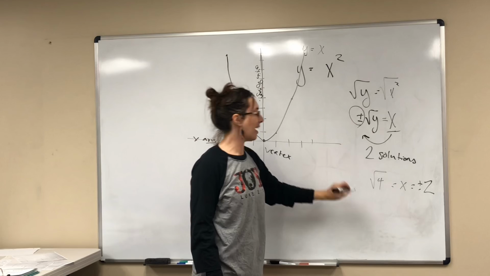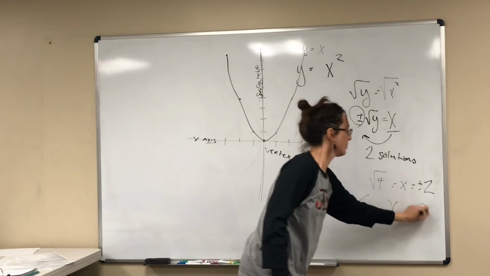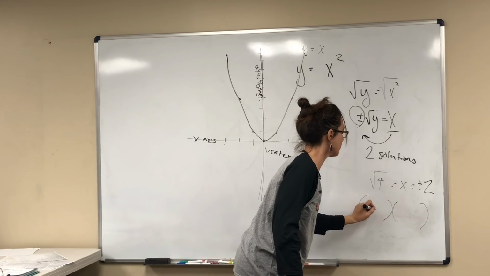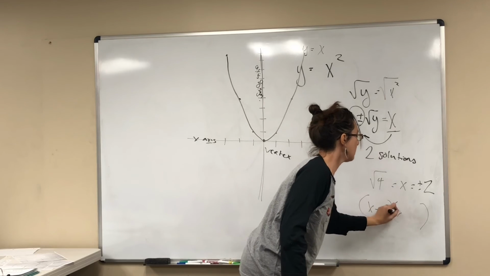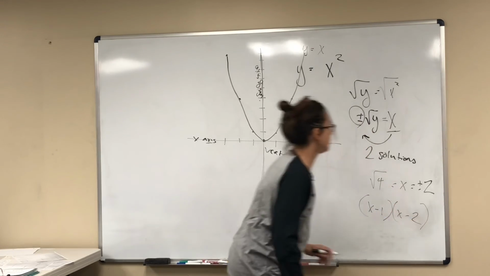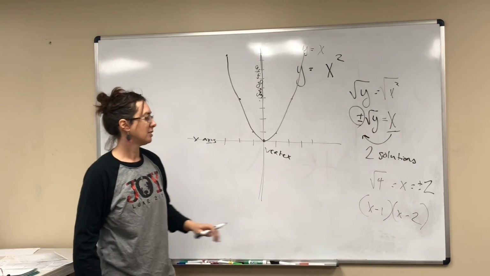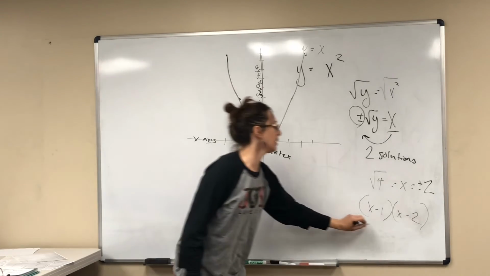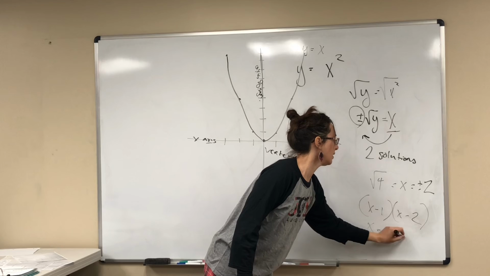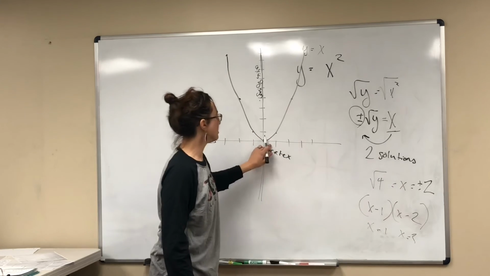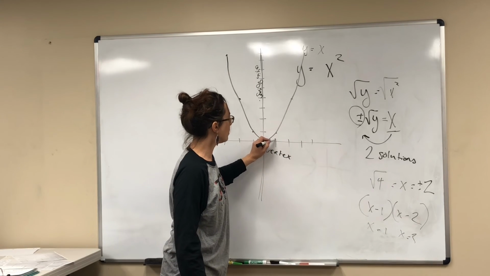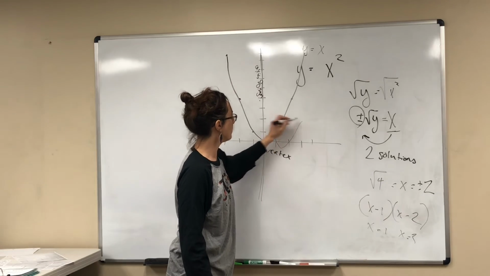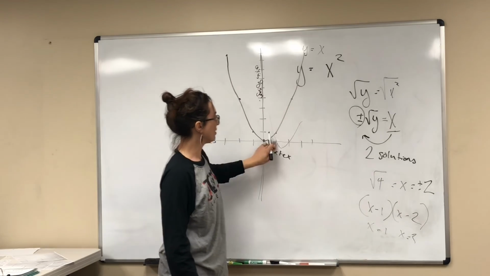From when we had that factored form, say we factored our equation like that, we would get x equals 1 and x equals 2. That means that our parabola would cross the x-axis at 1 and 2.